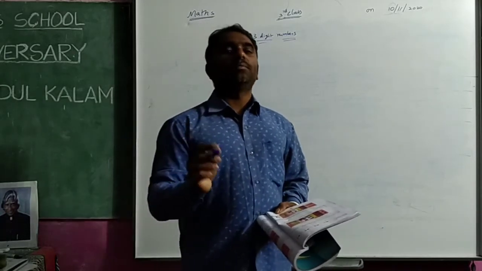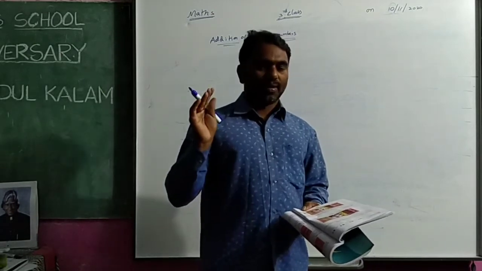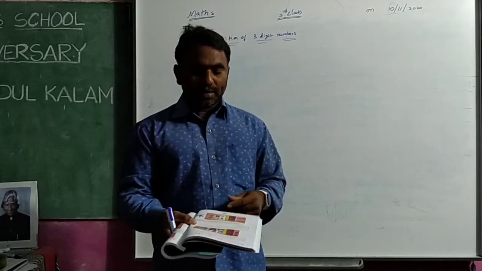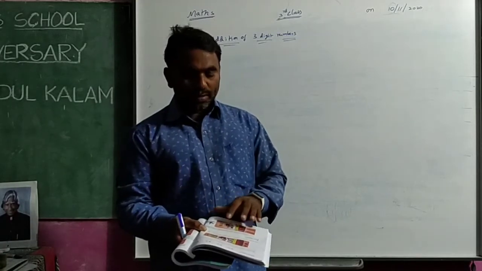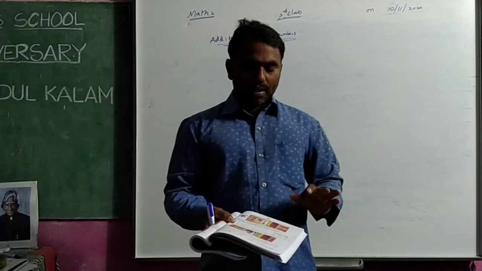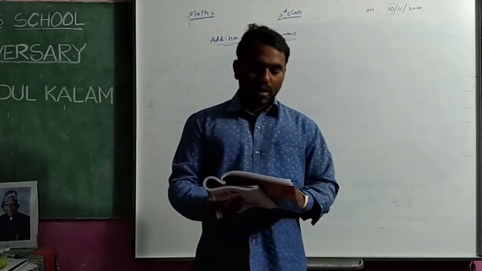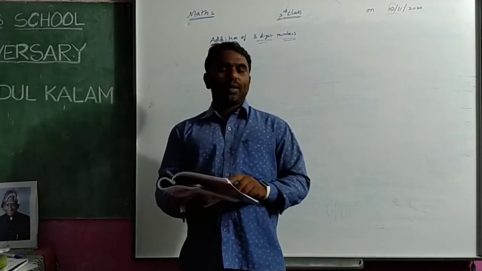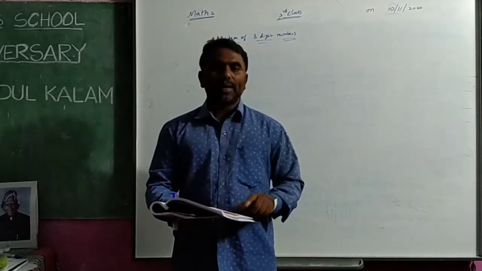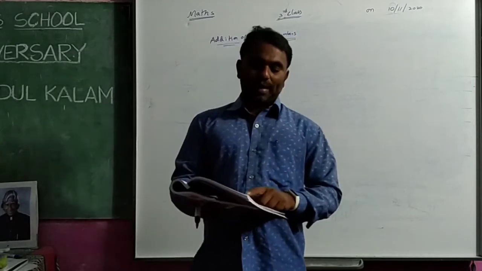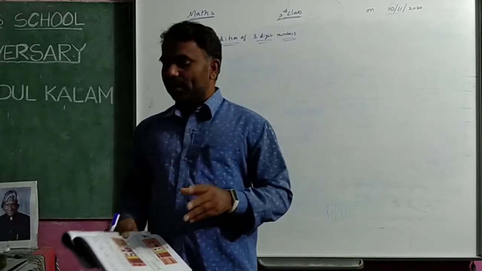We need to add the numbers 214 and 165. So here, for the practical method, pictures are also given to you in the textbook. Just count them and write the answer. Pictorial method is given, direct practical method. Count all and write the answer. Did you understand? Okay.